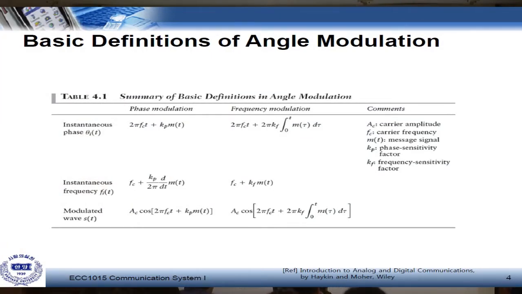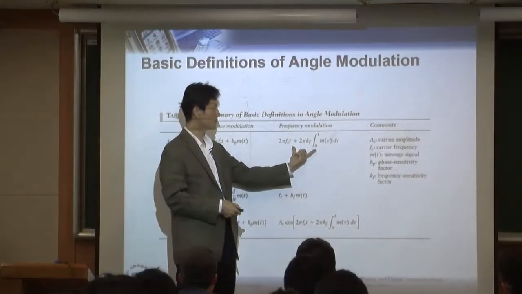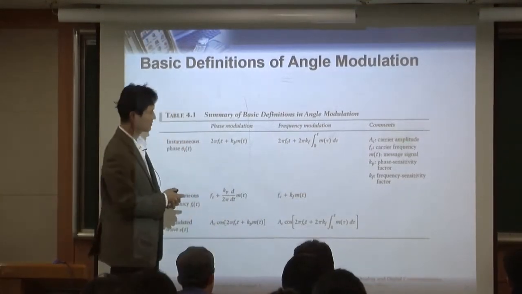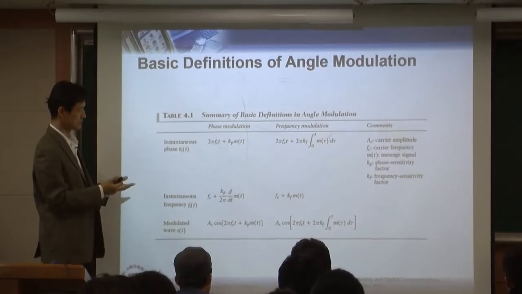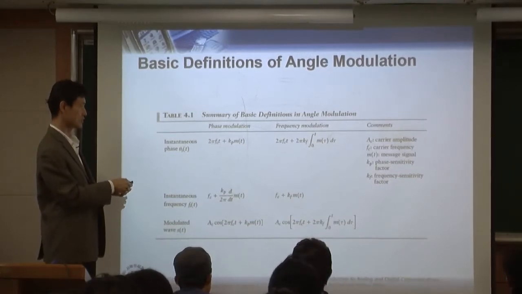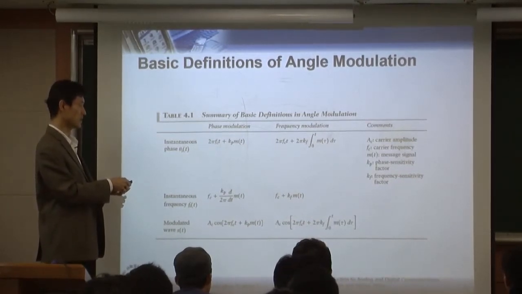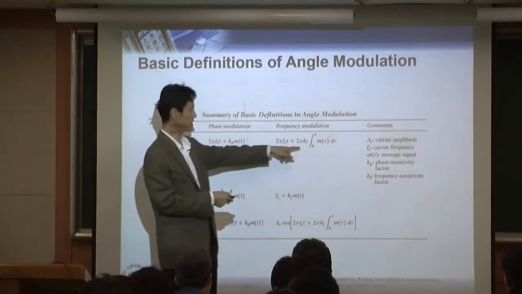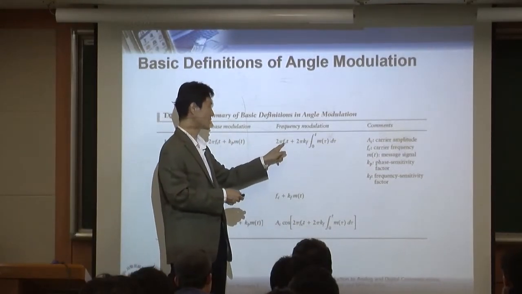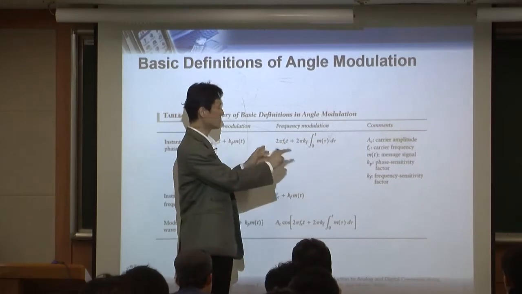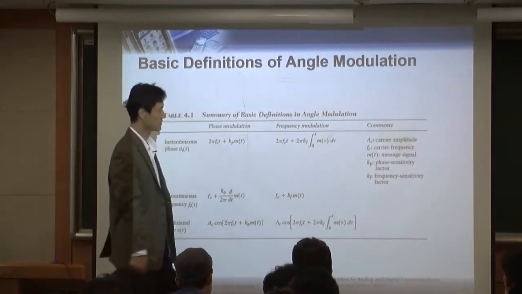For PM, we have an angle like this, and for FM, instead, we have this form. Just remember that in PM, the message goes into the phase. This one goes into the frequency originally, but when you expand it, it becomes like this.